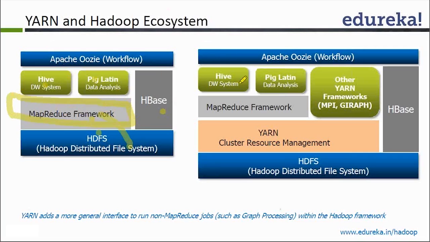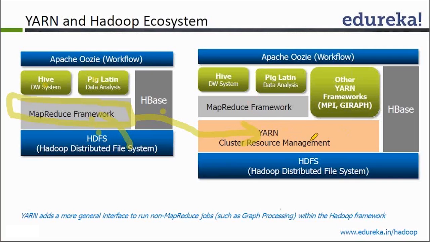Now, in the new YARN architecture, the MapReduce framework is replaced by something called YARN, which we discussed just now. With YARN, it is more suitable for cluster resource management. It has more optimized algorithms that can manage the resources better inside the Hadoop cluster.